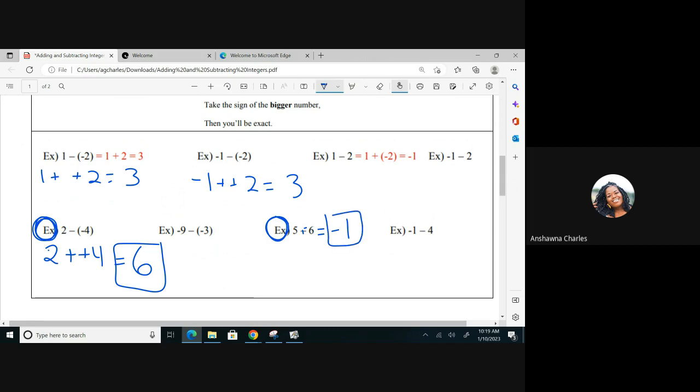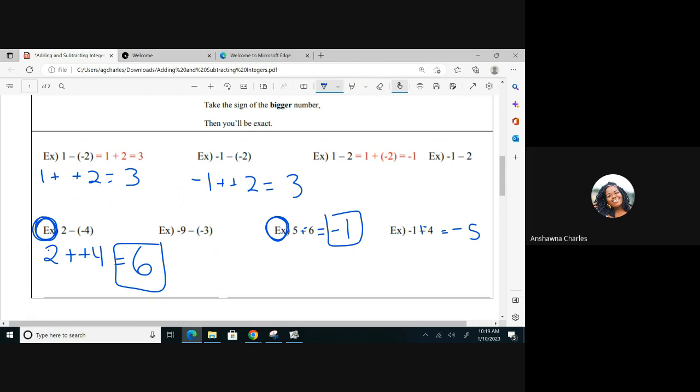Okay, let's do this last example over here. We're going to keep, change. So what will my answer be to that one? -5, because both signs are the same. So I add them together and I keep the sign. Okay.